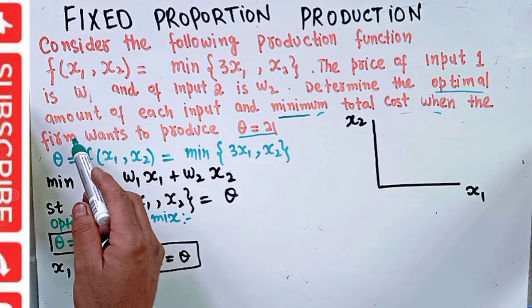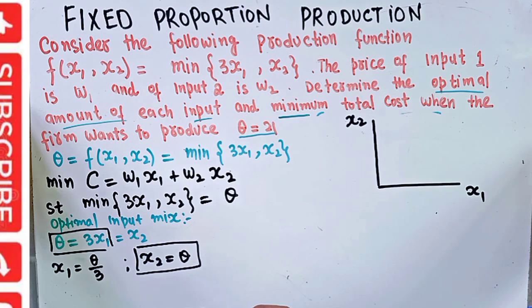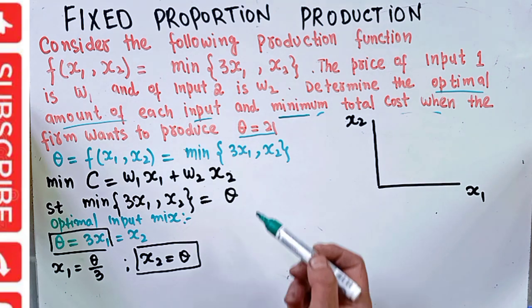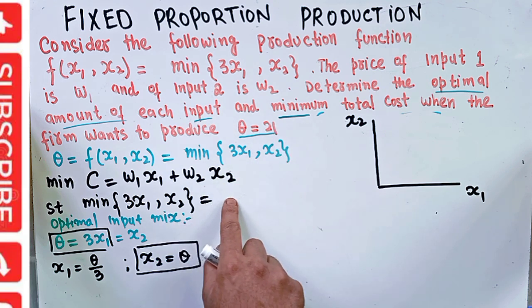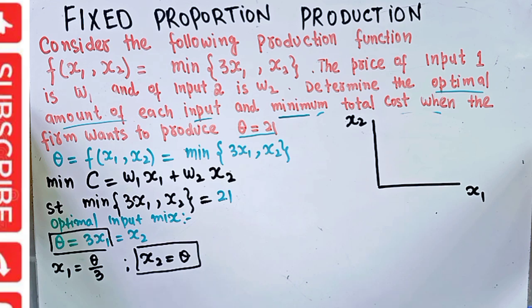We have found the optimal amount of each input, but if we want it in numbers, we should fix q equal to 21, since we want to produce 21 units of output. So we require 21 upon 3, that comes out to be 7 units of input 1, and x2 is equal to q, so we need 21 units of input 2 to produce 21 units of output.